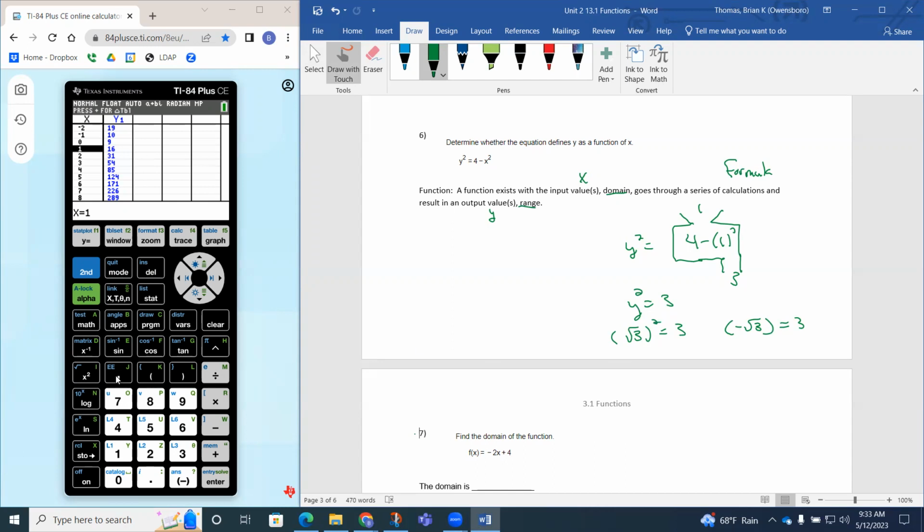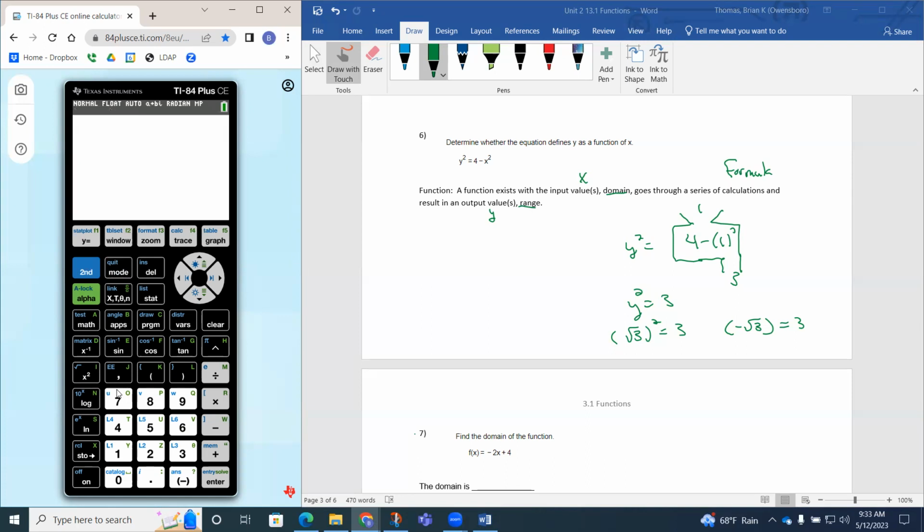Notice that y could be equal to then, if I do the square root of 3 and square that, notice how I do get 3.